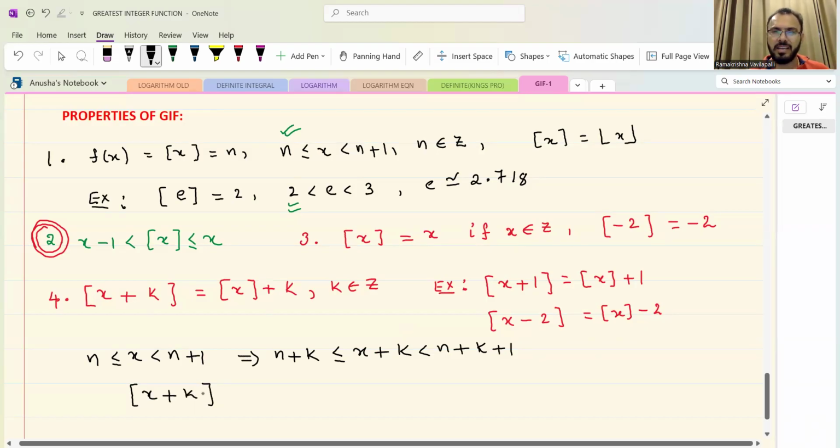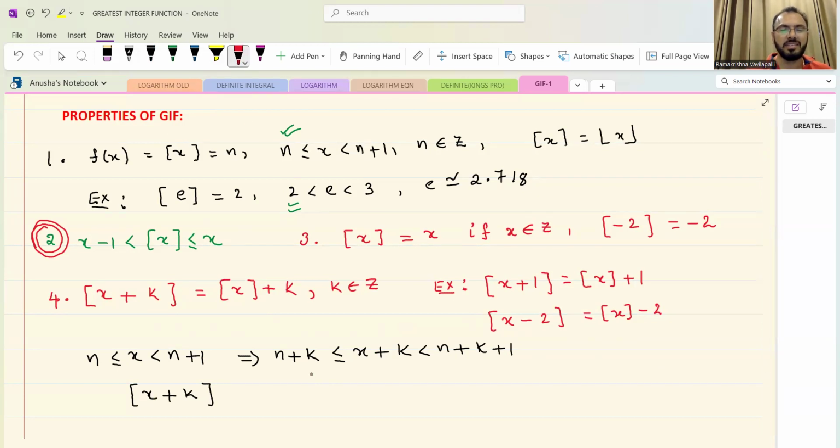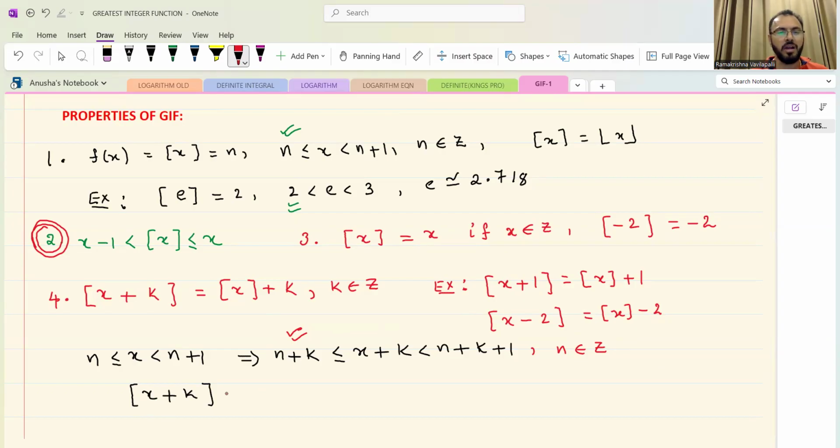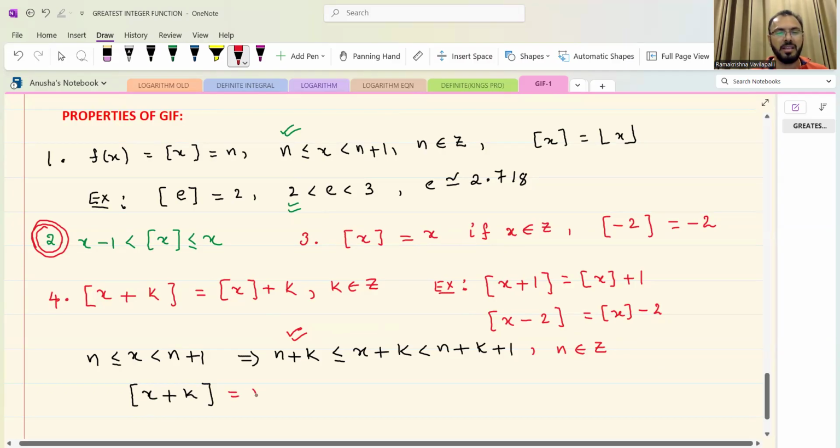As I have said earlier, you always consider the left integer. This is the n integer, where n belongs to Z. Unless otherwise stated, you always consider that n is an integer. So the integral part of x plus k, considering this left part, is n plus k. n is nothing but the integral part of x.